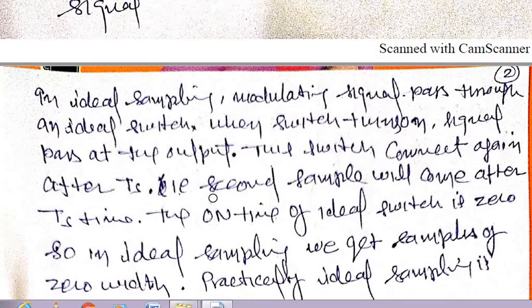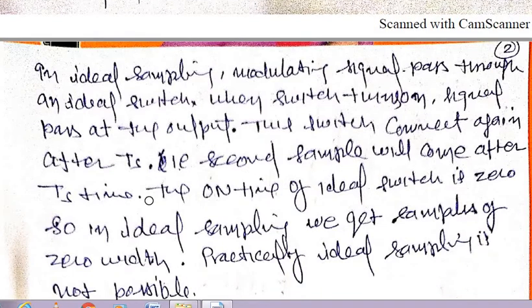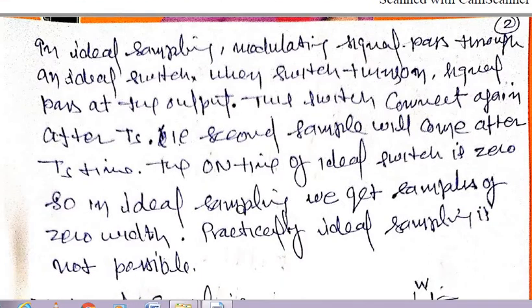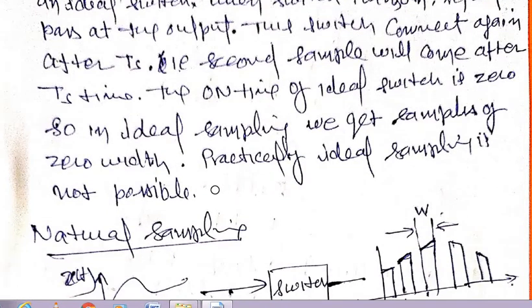The switch turns on again after Ts, which means the second sample will come after Ts time. The on time of the ideal switch is approximately 0, so in ideal sampling we get samples of zero width. Practically, ideal sampling is not possible.